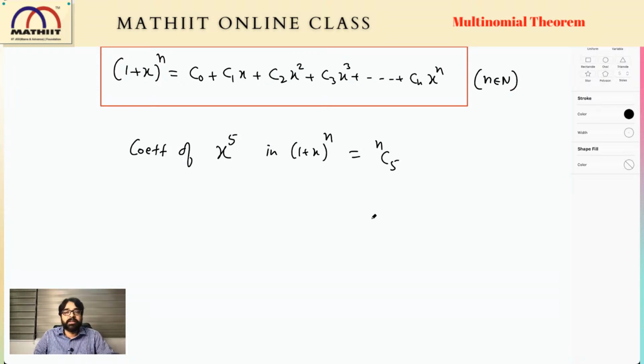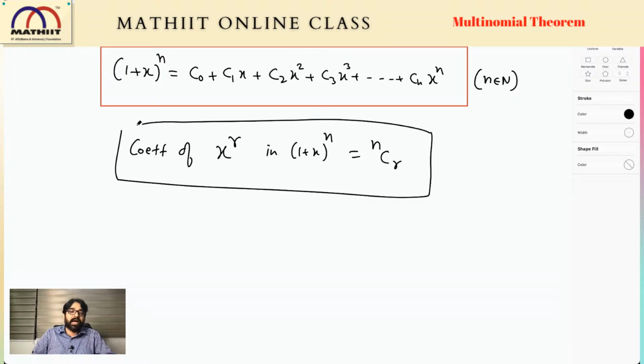Do you understand? Now the general case, which you have to remember every time. Don't waste your time. Coefficient of x power r in 1 plus x power n will be NCr, always equal to NCr.